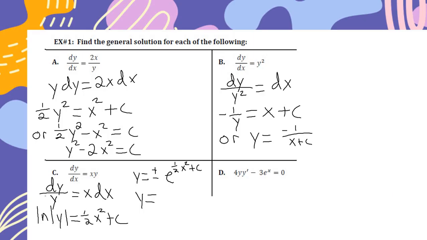So we get c e to the 1/2 x squared. And we will find out if it's plus or minus depending on the initial condition that they give us. So just kind of remembering our exponent rules there.